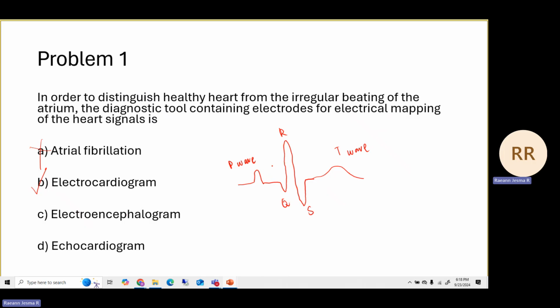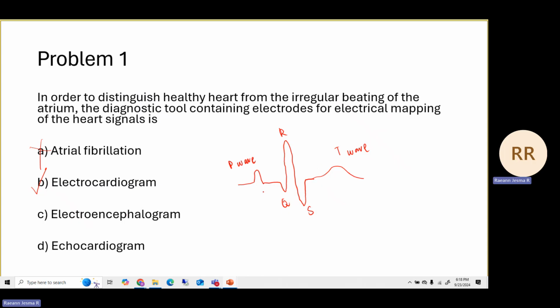By the time the blood reaches the ventricles, the electrical impulse will reach the ventricle. We can see this in the QRS complex. Once the impulse reaches the ventricle, it will contract. Then the T wave tells us that the impulse has stopped spreading, and the ventricles have relaxed again.